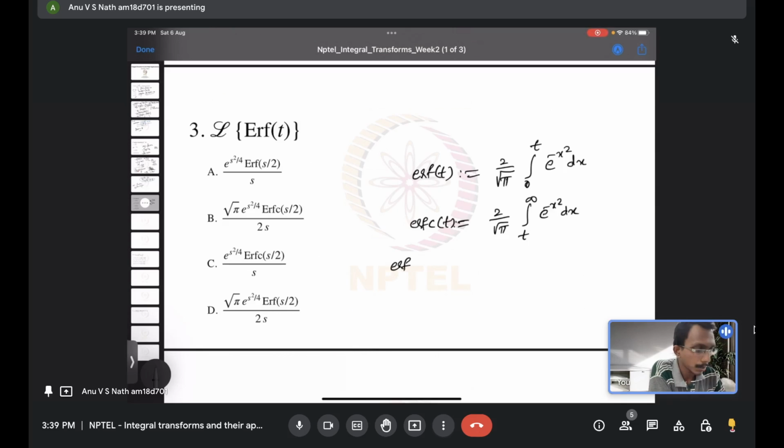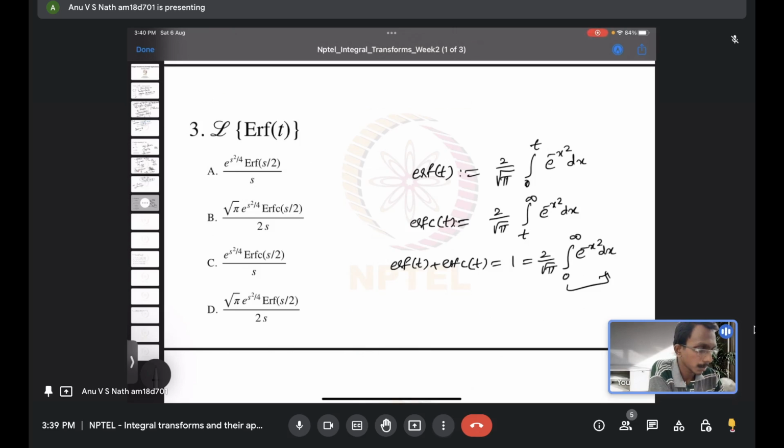They have the property that erf of t plus erfc of t is equal to 1, because they add up to square root of 2 by pi times the integral from 0 to infinity of e raised to minus x square dx. You know this integral is square root of pi by 2, so they cancel and you get the value 1. That's just a property of them.